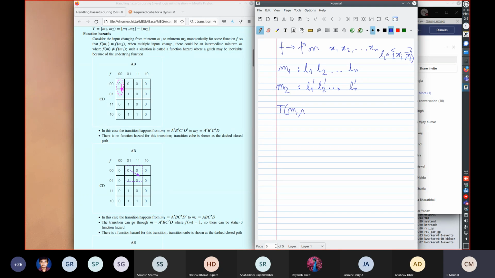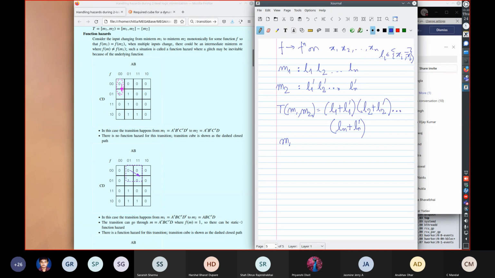So the transition cube of M1 and M2 is L1 or L1 bar, L2 or L2 bar, ..., Ln or Ln bar. So let us see the transition cube.